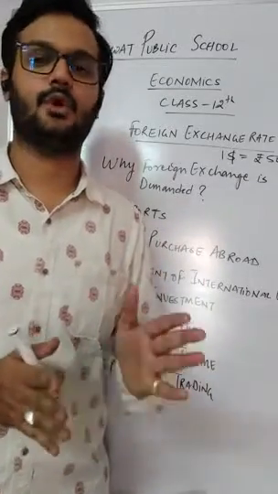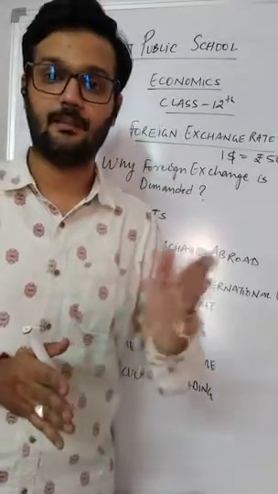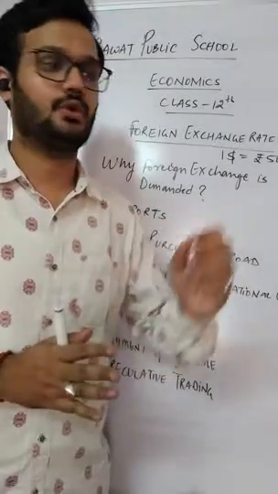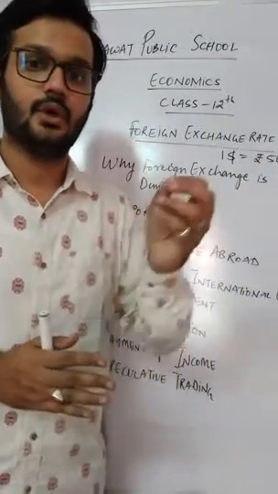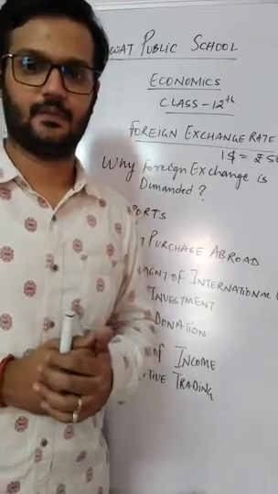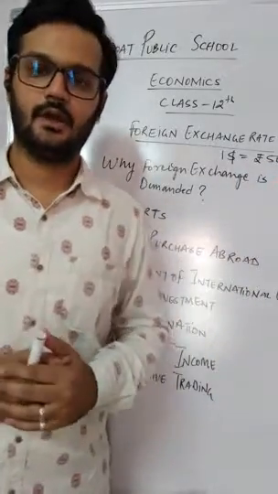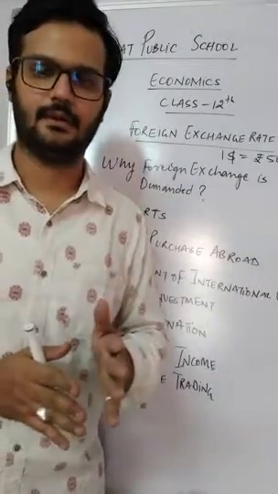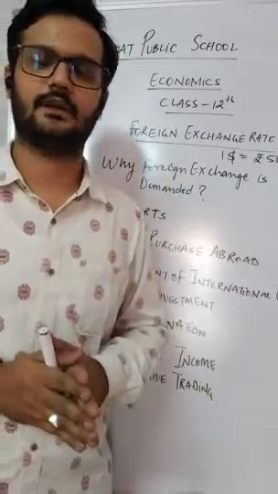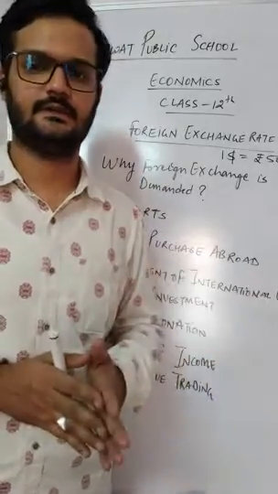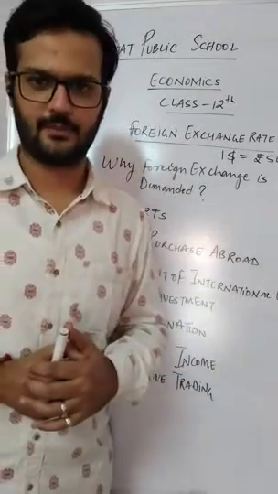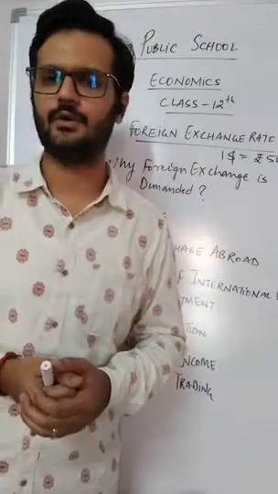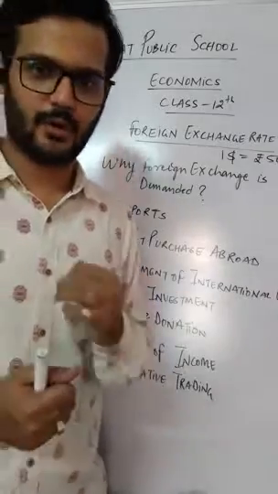Another example is you want to buy a company or a business over there, you like some business, you want to invest in it and be the owner of that business. Then you have to make payment in that particular country's currency. Whatever the country is, the currency would be according to that. I have taken the example of England; you can take any other example if you want. So this is the fourth point.